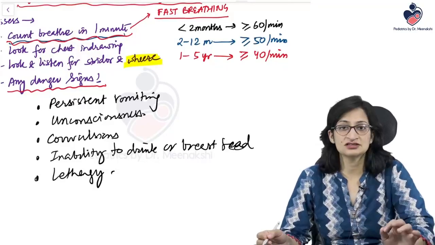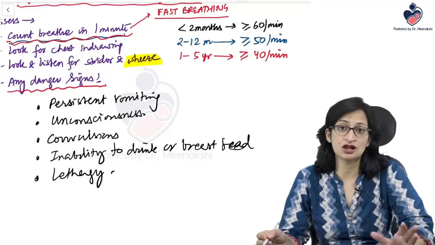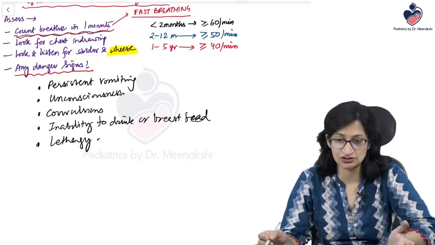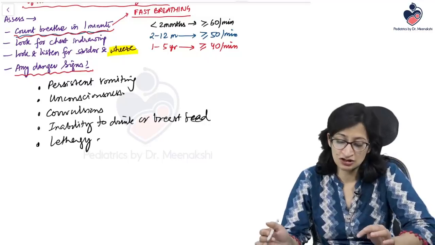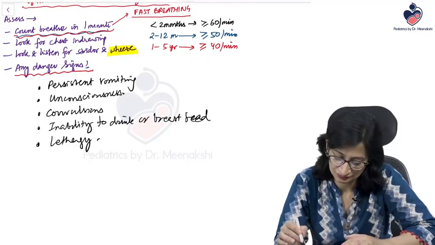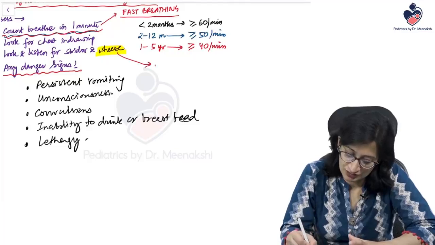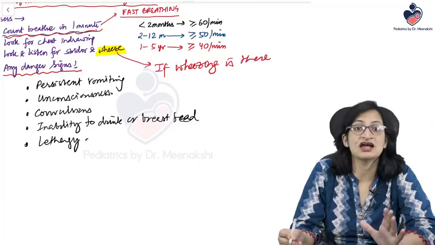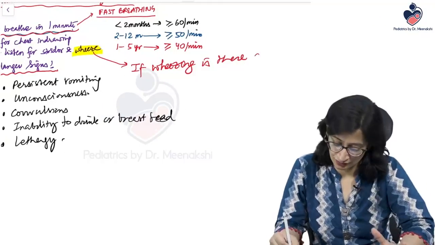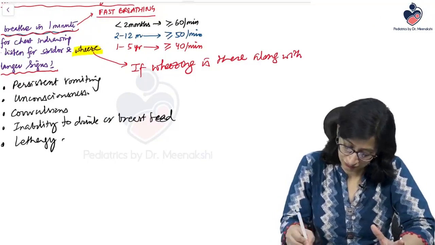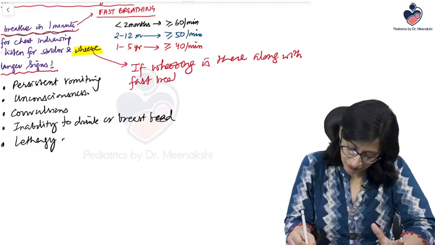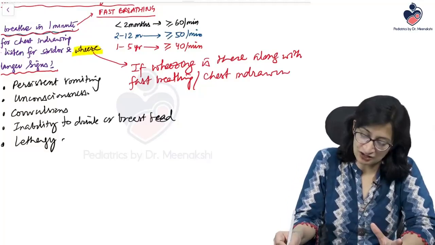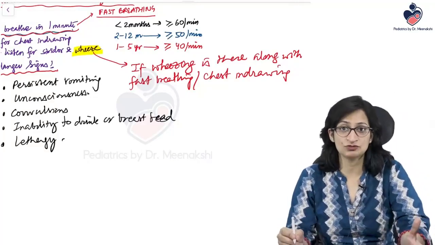In the current guidelines, it is recommended that if wheezing is present along with either fast breathing or chest indrawing, you have to give a trial of rapid acting inhaled bronchodilators like salbutamol.